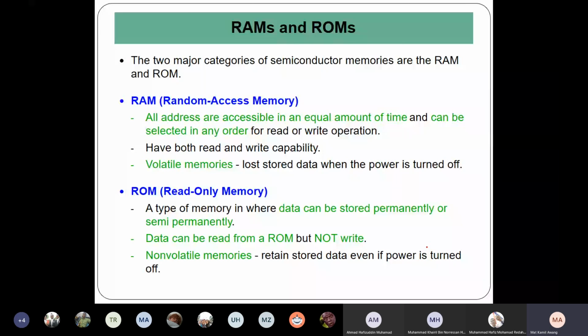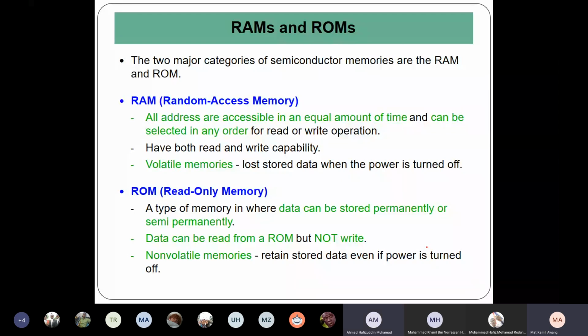So, in terms of memory, you have two major types. RAM and ROM. For the internal memory, if you go and you want to buy a computer, a notebook, whatever, you ask, what is the RAM size? 64K, 256, 256 meg, whatever.